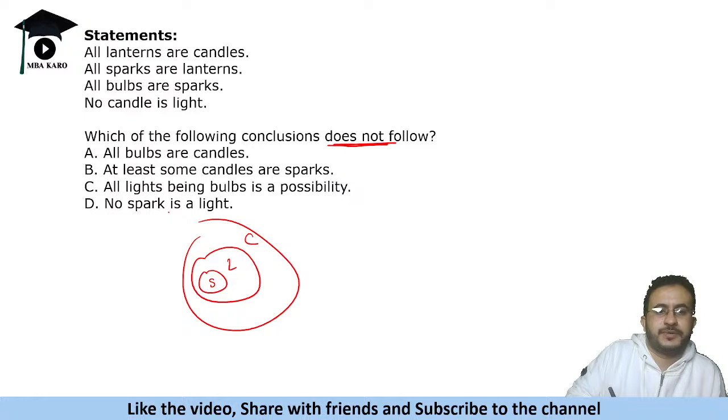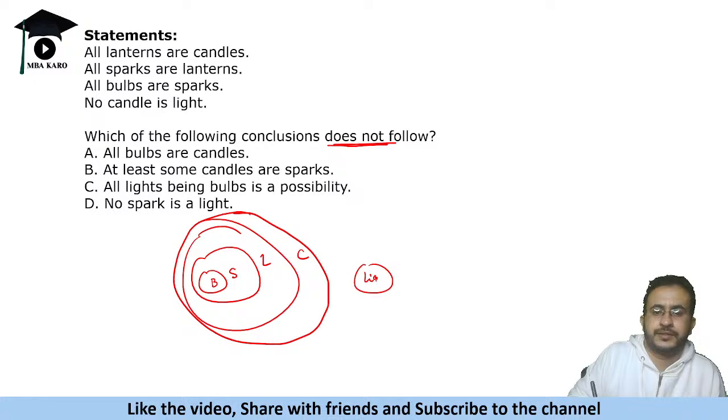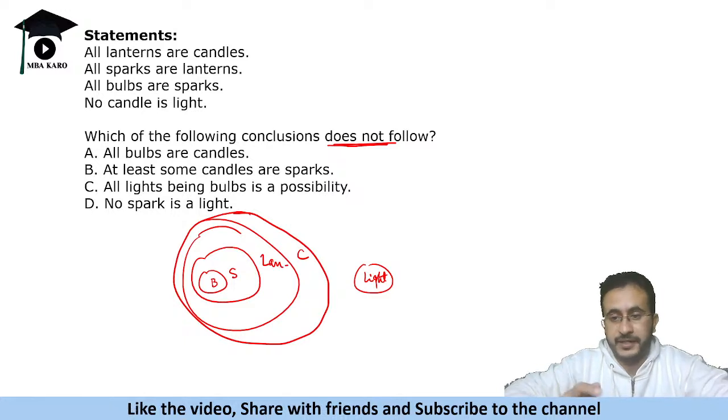All bulbs are sparks. Okay, let's reverse it. All bulbs are sparks, all sparks are lanterns, and all lanterns are candles. Okay, and no candle is light. So light is separate.